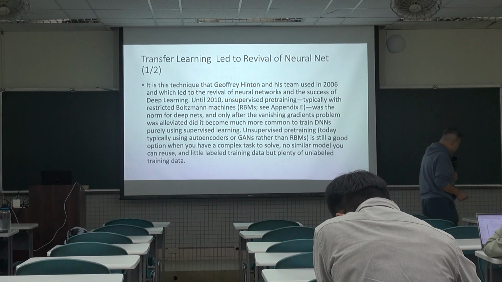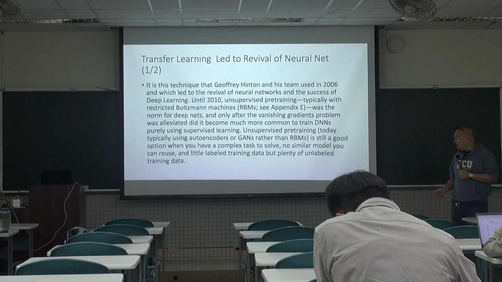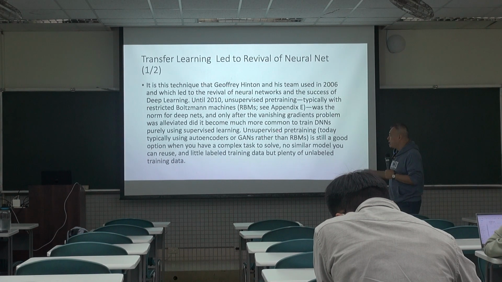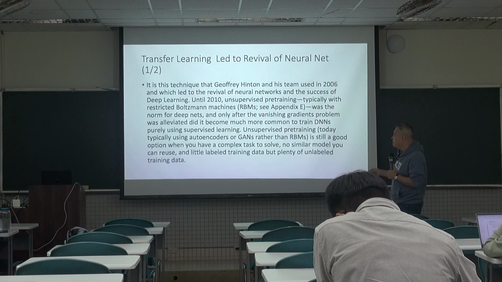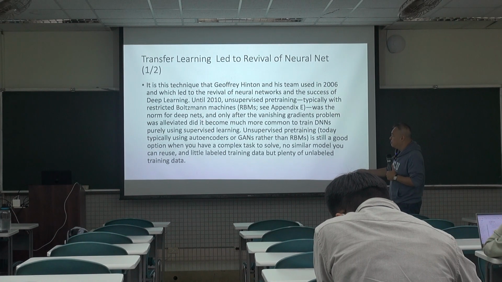But nowadays, we can still do unsupervised pre-training, but we probably do not use RBM anymore. What we can use is an autoencoder or GAN, this type of generative model.